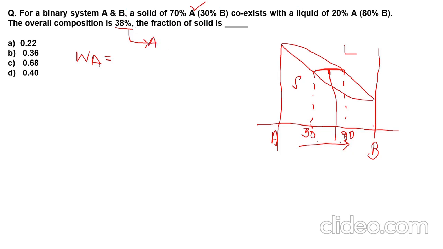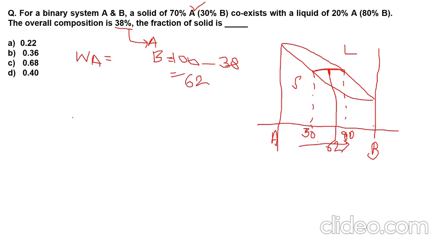But because in this diagram I'm drawing a percentage of B in A, I can write for B as 100 minus 38. That will be around 62, right? So this composition is my 62 here. This is one way to do it.